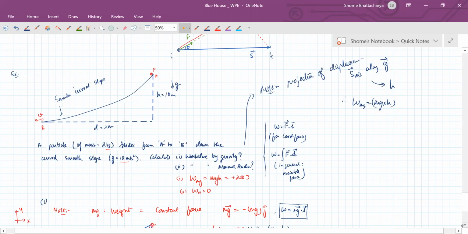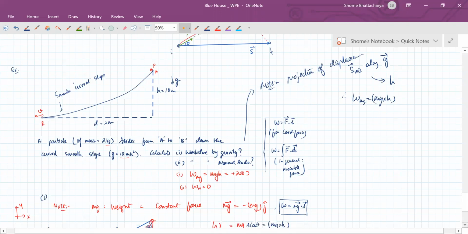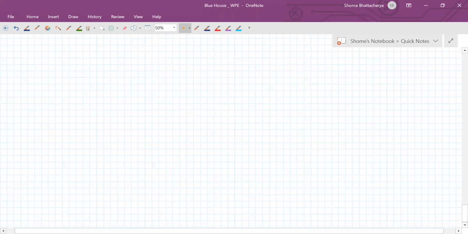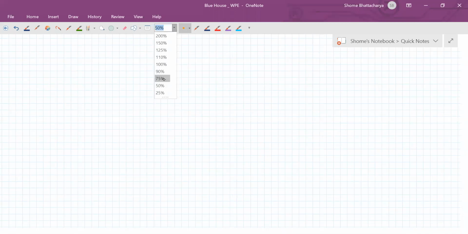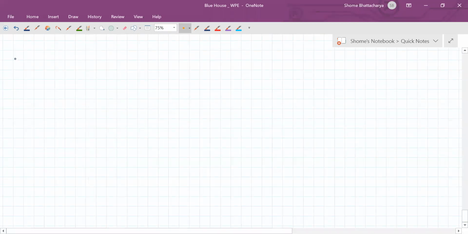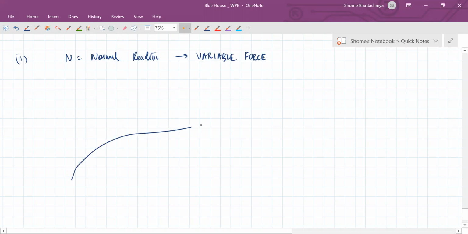Now let's come to the normal reaction part. Now normal reaction here, interestingly, is a variable force. Why is it a variable force? Because it acts always normal to the plane of contact.